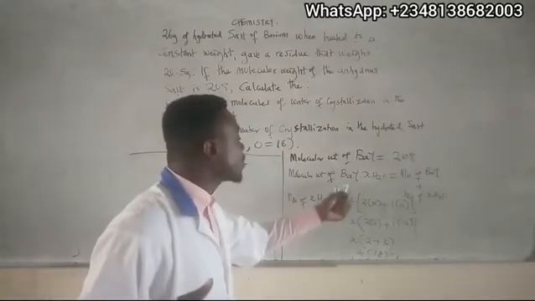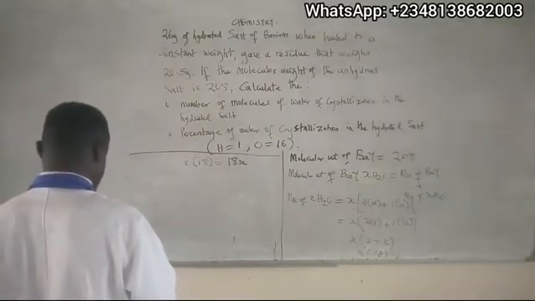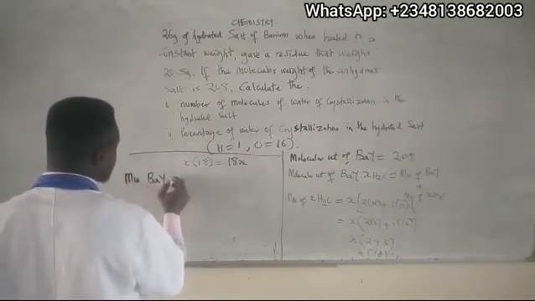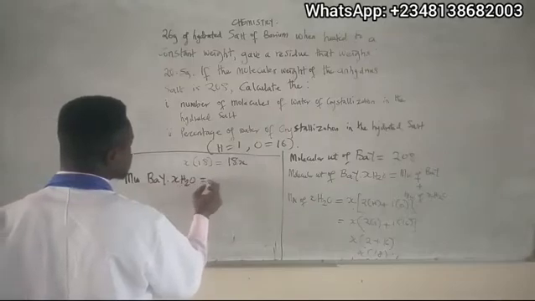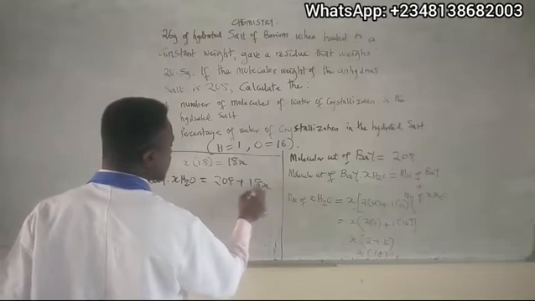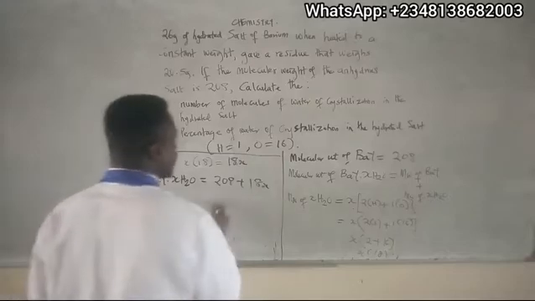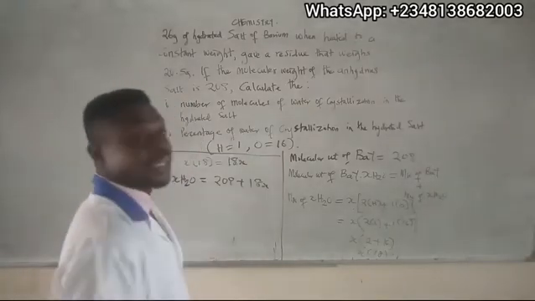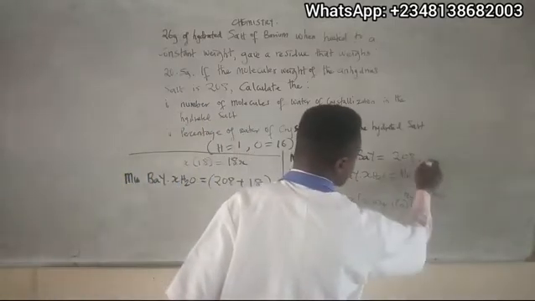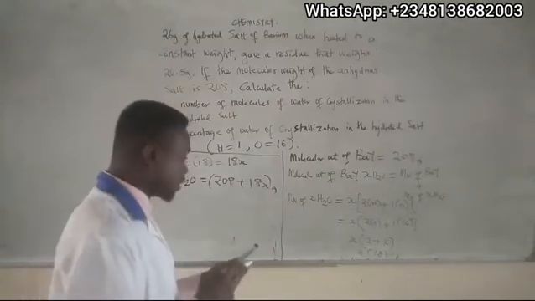That means the molecular weight of the hydrated salt is equal to 208 plus 18x. This is the molecular weight of the hydrated salt. Everything should be in grams anyway. Even though it wasn't specified, we are not dealing with mass now, so it's in grams.